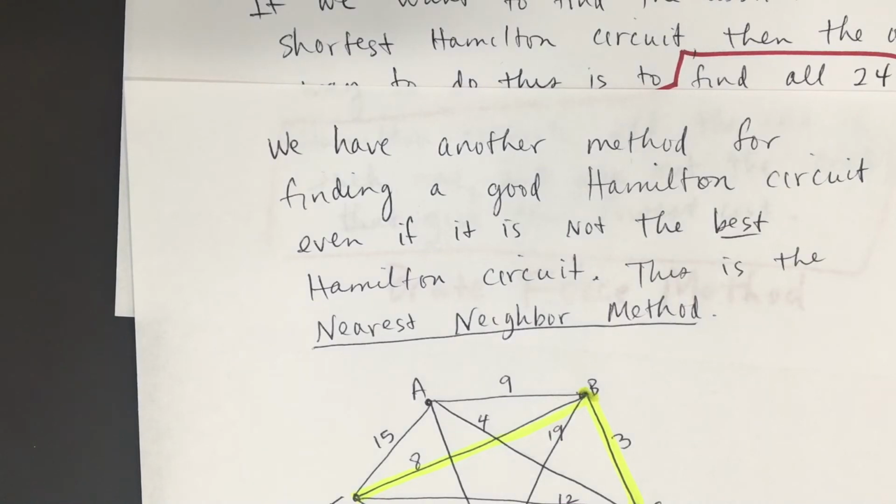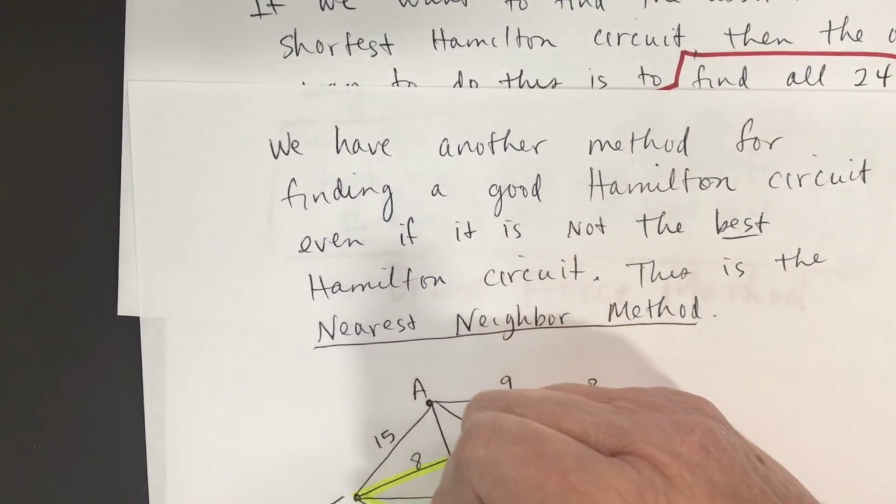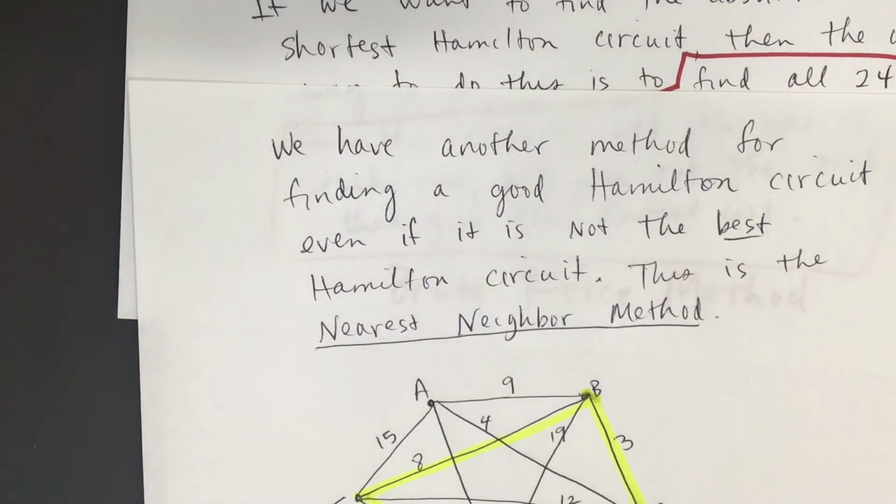After I go to E, I have A and D left. E to A is 15. E to D is 3. Well, we're going to D. This will force me to use A to D, that's 10.